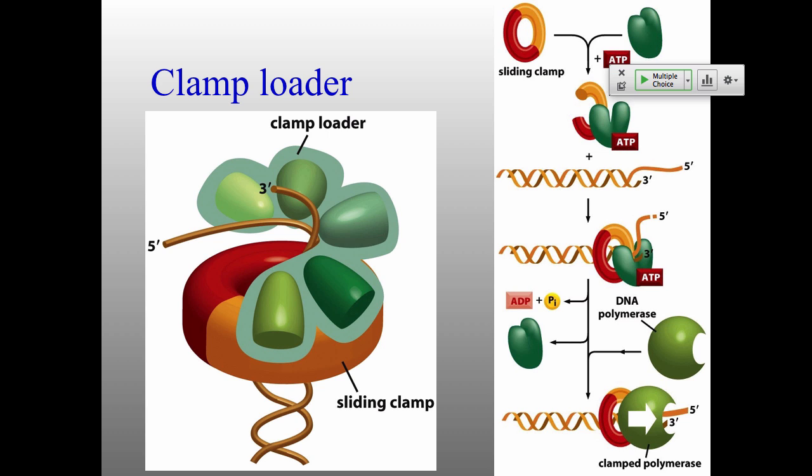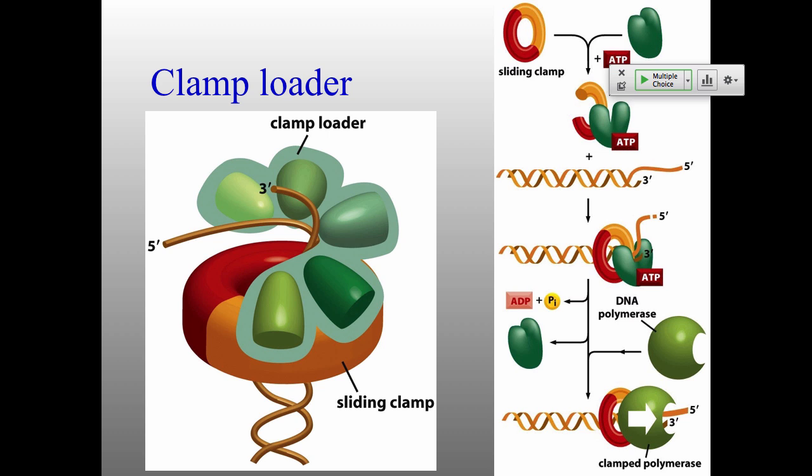Again, it's a ring, but at that point, it's not around the DNA. It opens up that ring structure, allows it to associate with the DNA, and then that ring structure closes along with the hydrolysis of ATP. And so that's what you need these clamp loaders for, is they're ATPases.